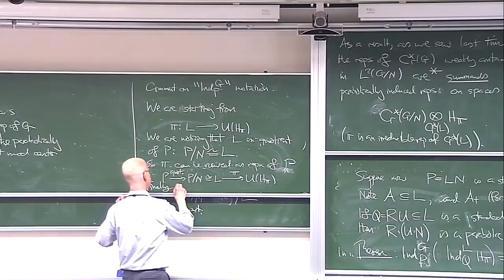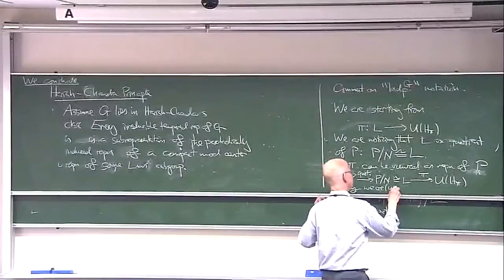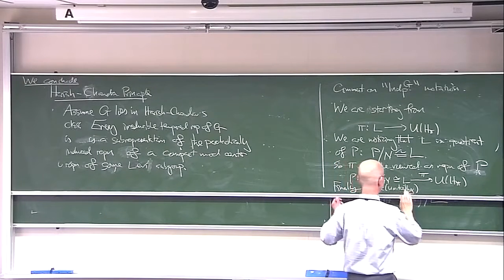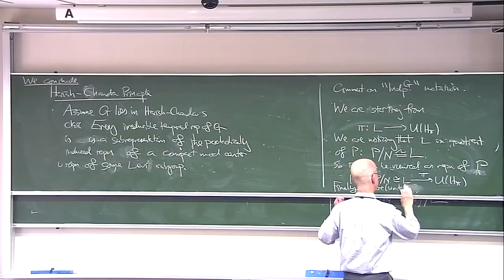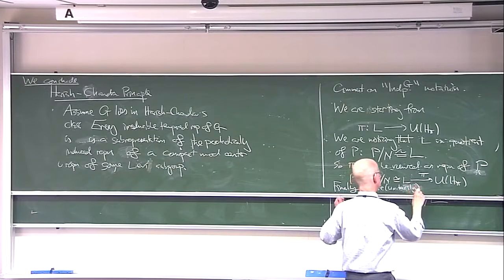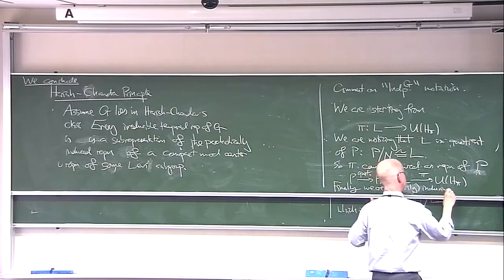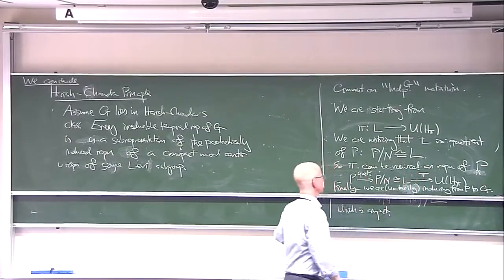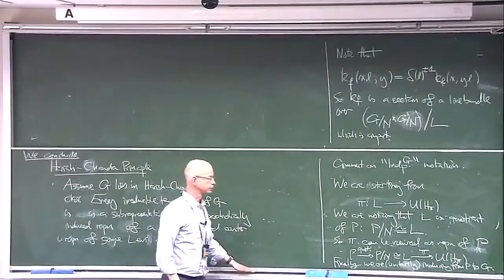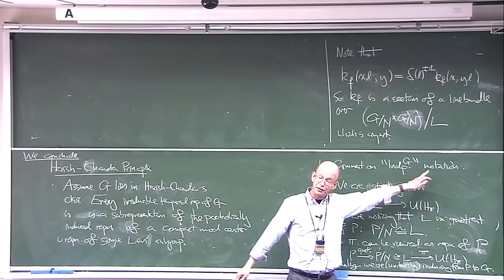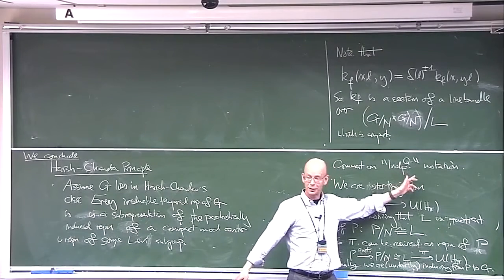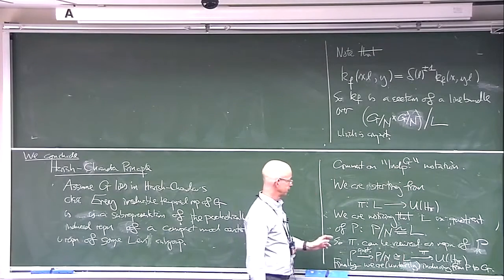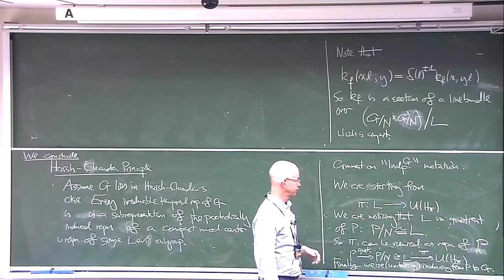And there's just a little footnote, this funny character delta appearing, so unitarily, I'm going to spell that right, inducing, in the sense of Mackey, from P to G. So we are starting with a representation of L, not of P, but we are thinking of it as a representation of P, and then we're doing this operation, and we're ending up with a representation, in this particular case, of G.